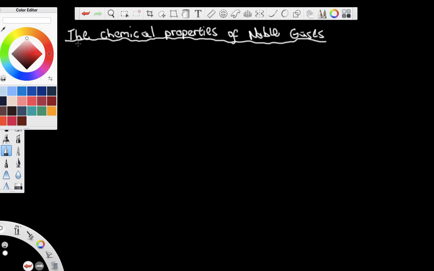Now, one thing that you need to know about the noble gases is that they are highly unreactive. They are very, very unreactive. So we can say that the noble gases are unreactive.